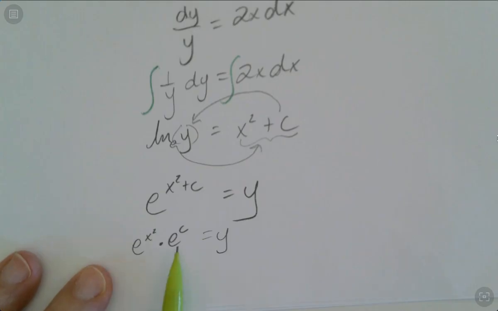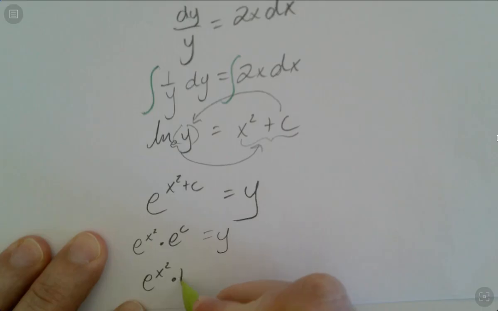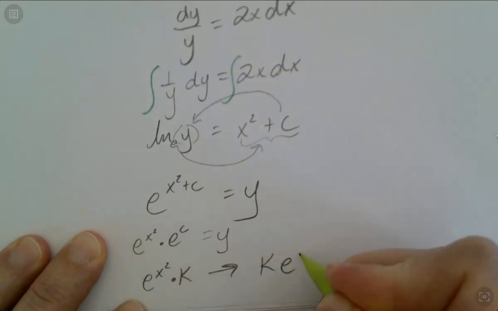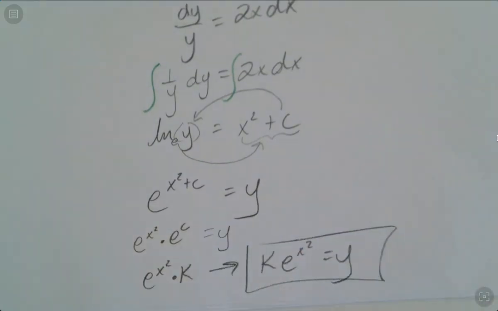Well, e to the c, e is a constant, c is some arbitrary constant. So e raised to some arbitrary constant, isn't that just going to be another arbitrary constant? So this is really e to the x squared times k, or sometimes we'll put that in the front, k times e to the x squared. So is k just any weird value of c? k is just another arbitrary constant.